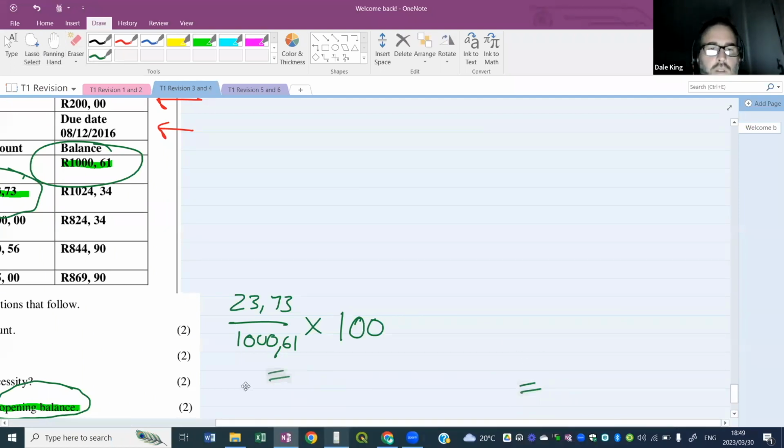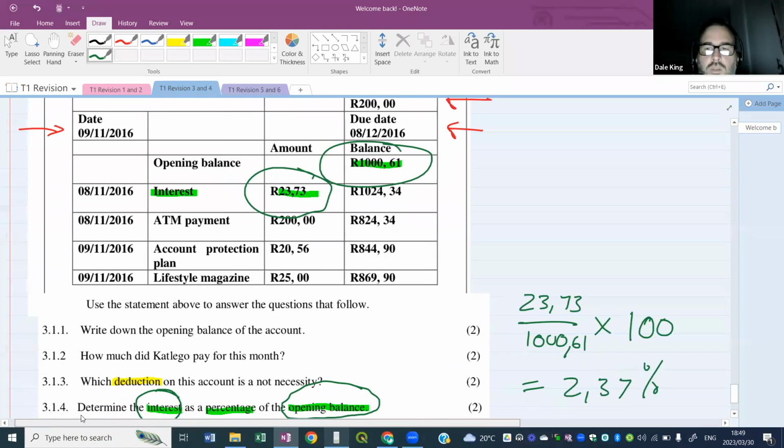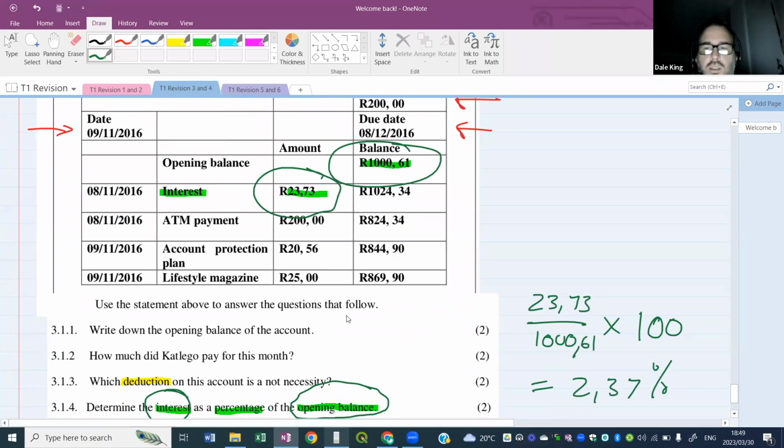All right, so it's 2.37%. So this person is paying 2.37%. Now, just a quick matter of fact thing. Do you guys think that this is a very high or low percentage? It is quite low.